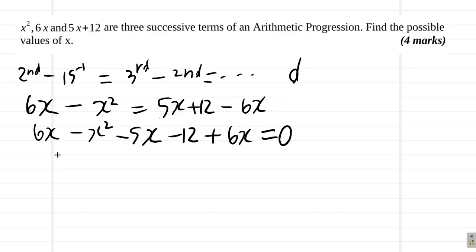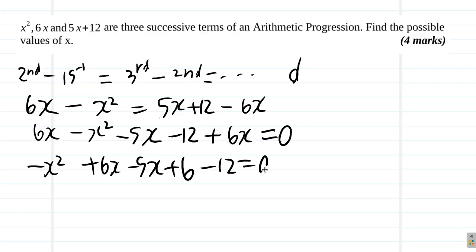So here, let's put all these things together. The negative x squared. Then you have x's. So you have plus 6x minus 5x plus 6x. And numbers, minus 12 equals 0.